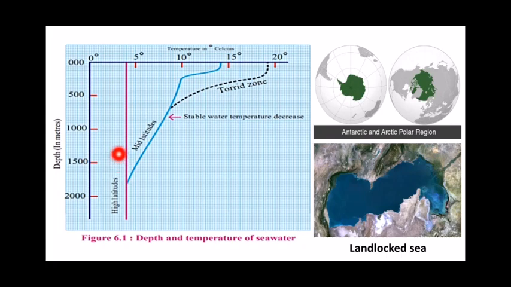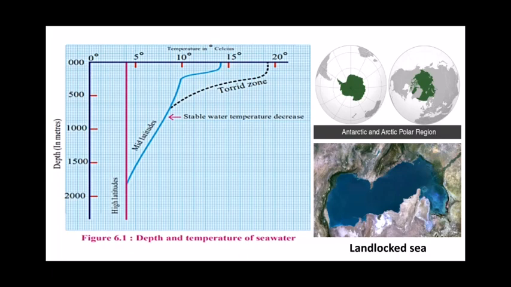Why? If it goes below 4 degree, like 2 or 1, then whatever aquatic animals and plants are there, they will freeze. So that is why the temperature below 2000 meter depth is 4 degrees Celsius and not less than that.